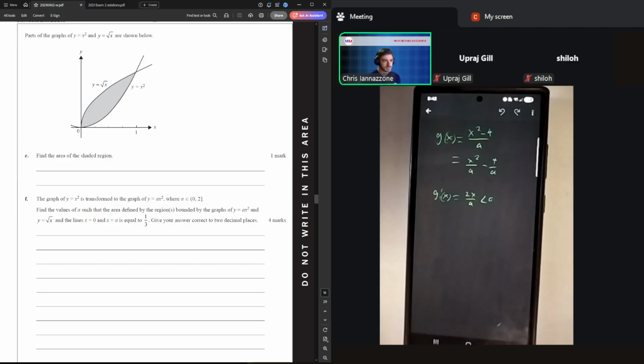It's a tricky question. I would highly recommend plotting both on the CAS and then observing through a slider what's going on as you toggle a between all the values that are there.